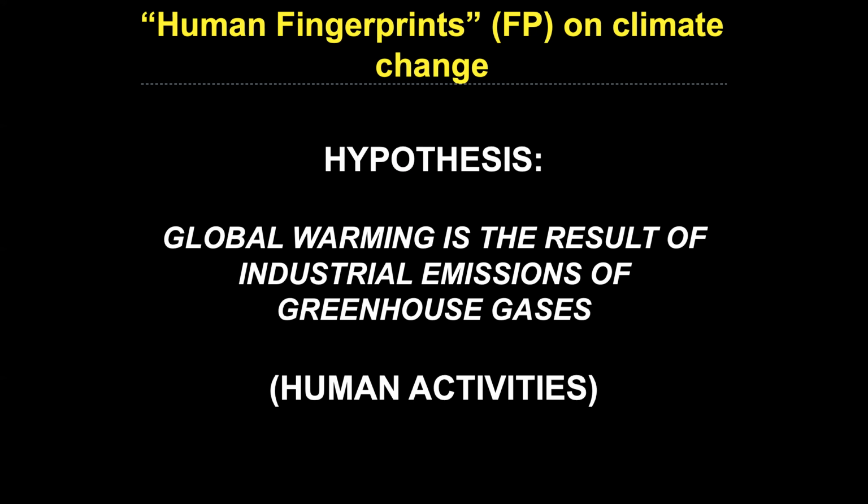In other words, human activities. Again, remember, the greenhouse effect would exist regardless of whether we were around or not. We're just simply making the greenhouse effect more efficient. We're making that blanket thicker, so to speak.